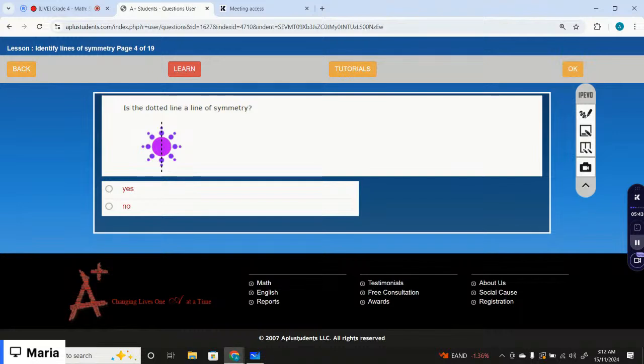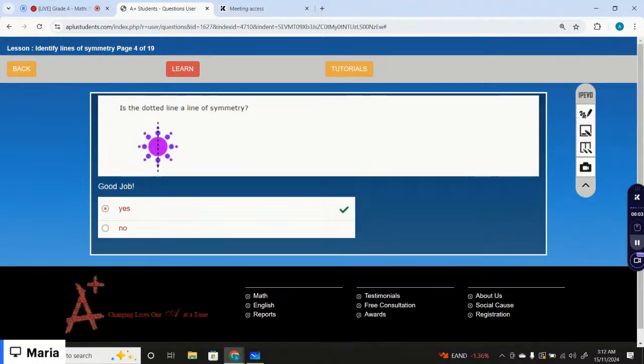Is the dotted image a line of symmetry? Which is the correct option? Yes, it is. The correct option is that it is a line of symmetry.